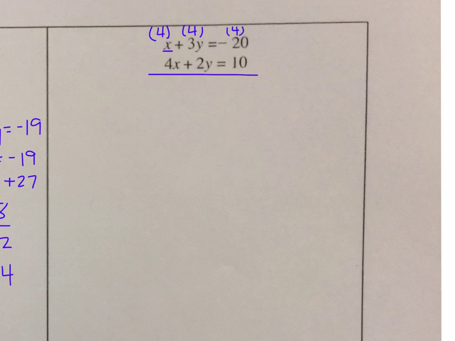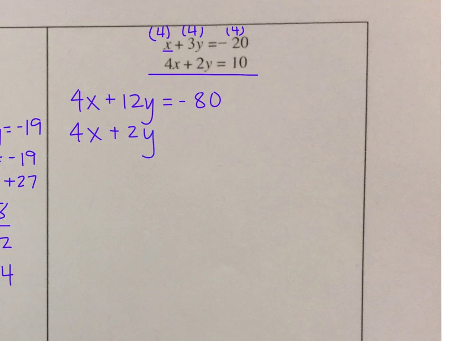So now I have a new problem. It's 4x plus 12y equals negative 80. Now just copy down the bottom equation, 4x plus 2y equals 10.